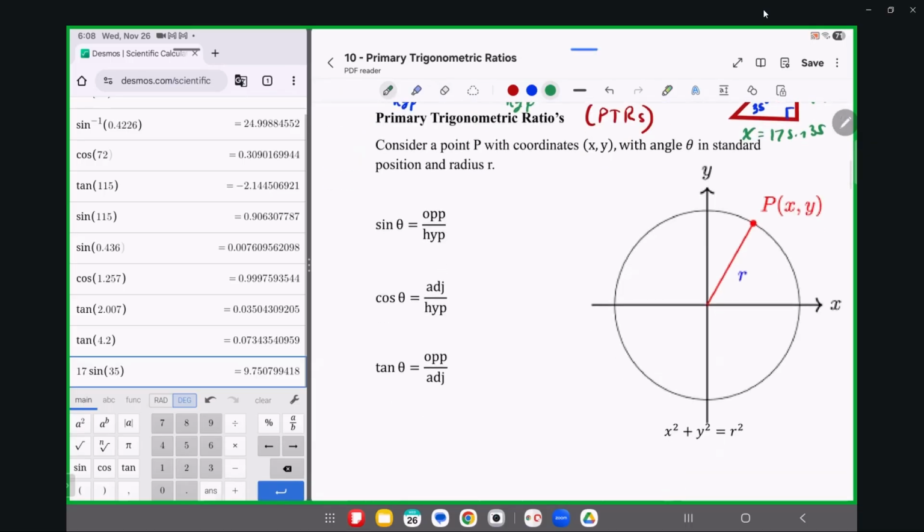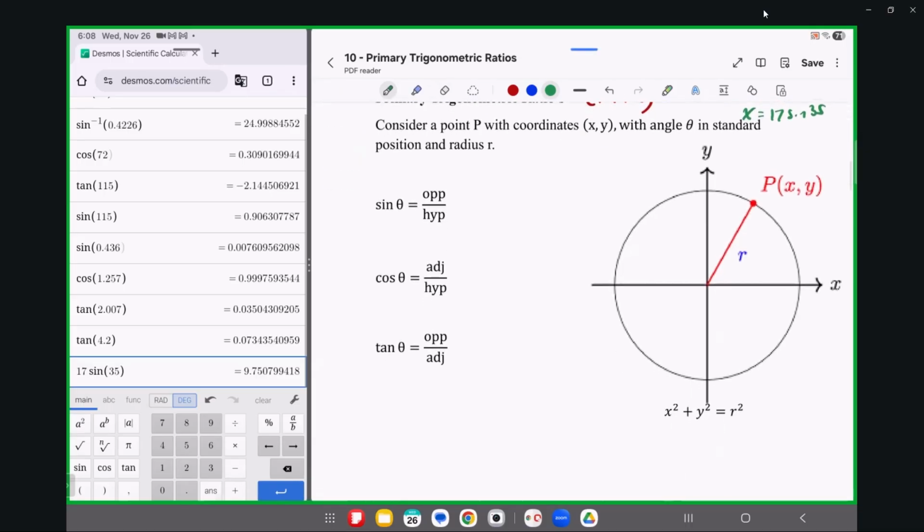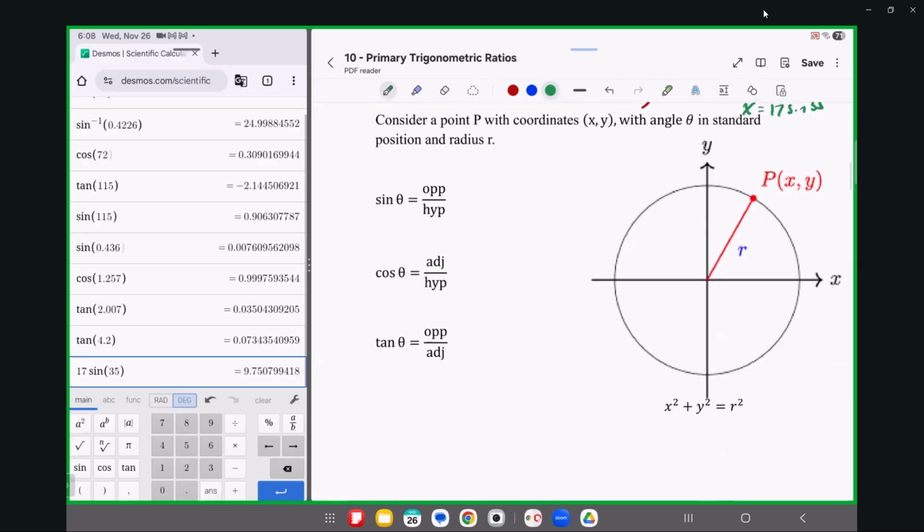So what we're going to use it for is the following. That's going to be a circle centered at the origin, and we're going to calculate angles in standard position.